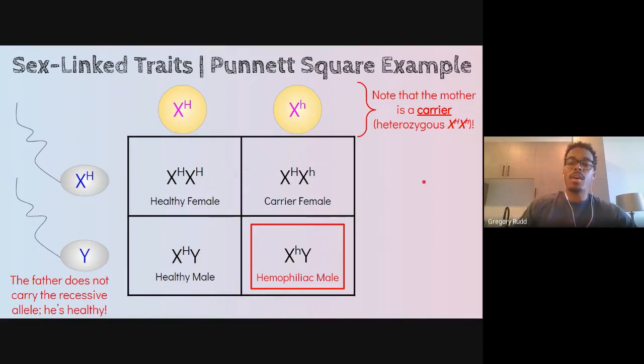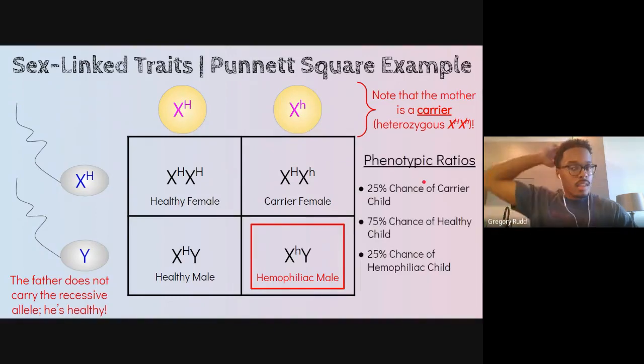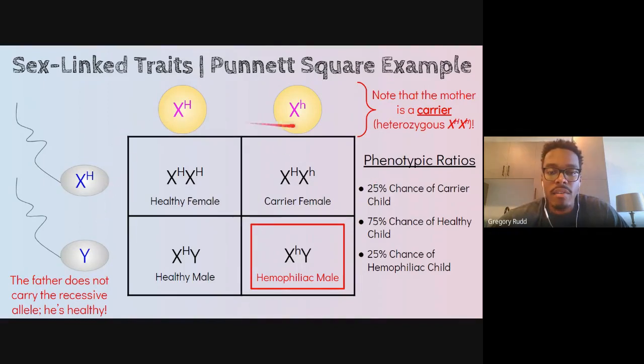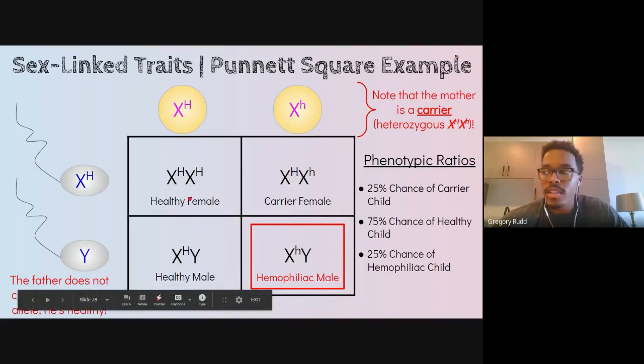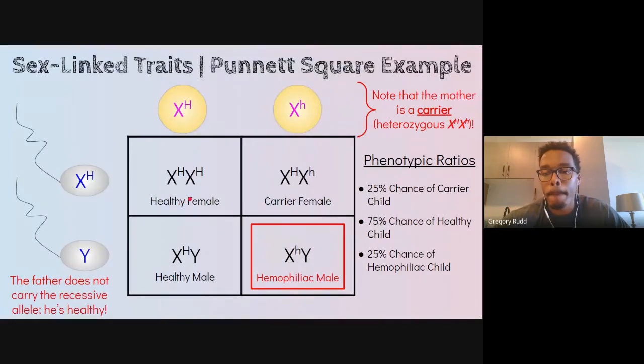Now, when we do our analysis, this is what we come up with. There's a 25% chance that these two individuals will have a child who is a carrier of the disorder. There's a 75% chance that these two individuals will have a child who is healthy, meaning a child who does not have hemophilia.